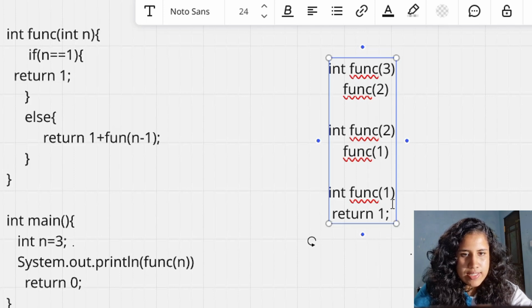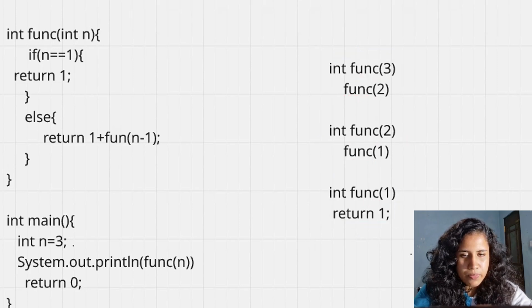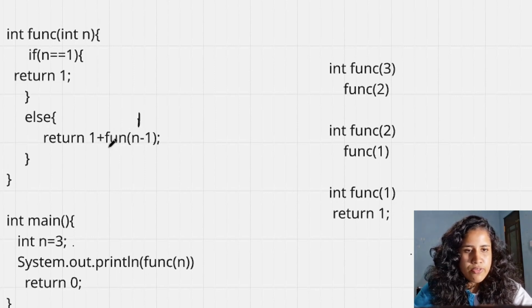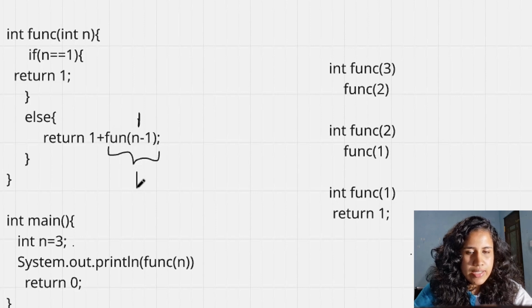So we can see that when the function parameter is 1, it returns 1, which means it will give us a 1. So it will return 2. Now if we call function 2, it will return the previous value, which means 2.